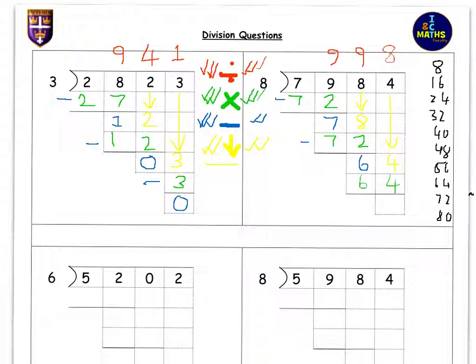Done my multiplication. Next after that was a subtraction, so 64 take away 64 is 0. Done my subtraction, and now I would look to try and scoot, but we can see there's no more numbers, so I'm going to stop. So let's just clarify that. 7,984 divided by 8 is 998.